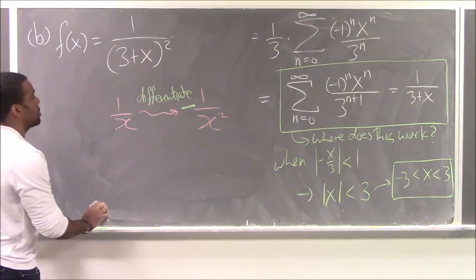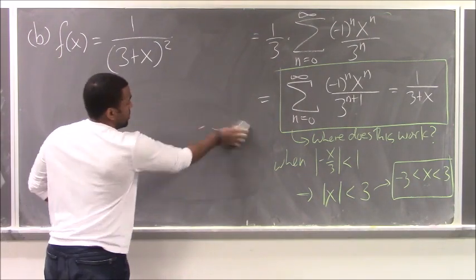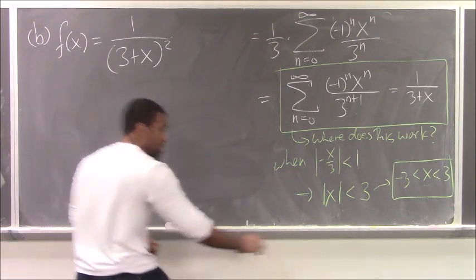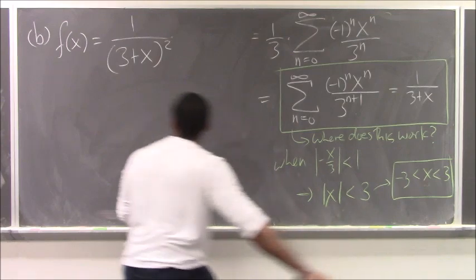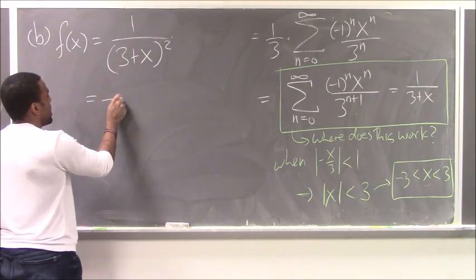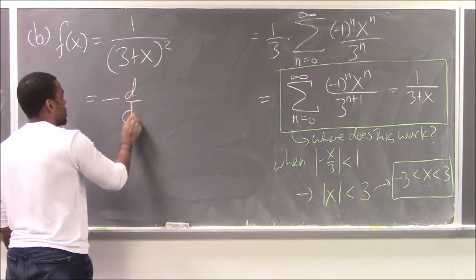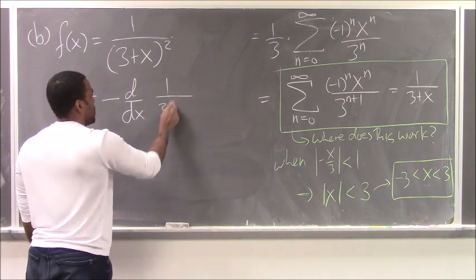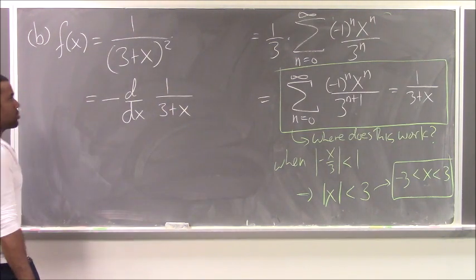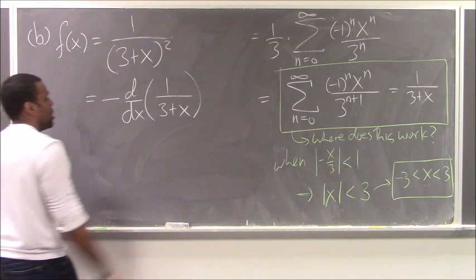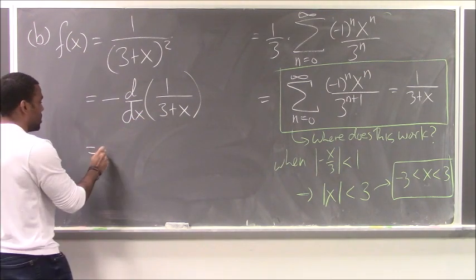So, yeah, that was the connection. The first thing you want to notice here, the easiest thing to notice, is that this is the negative derivative of this function, and I know what this function is.